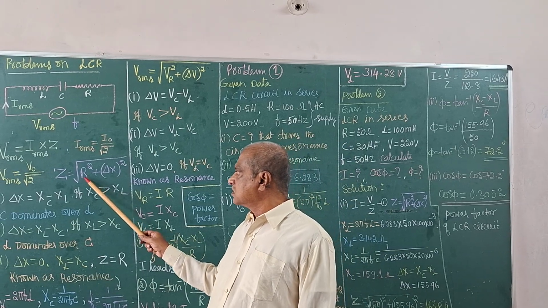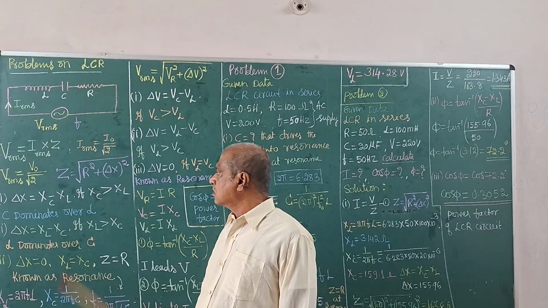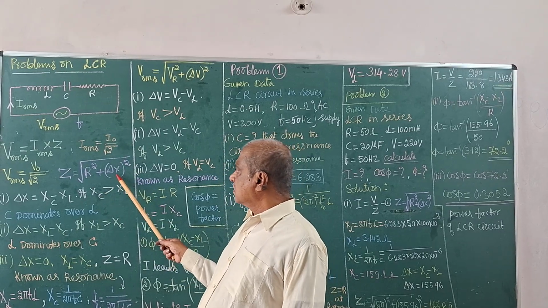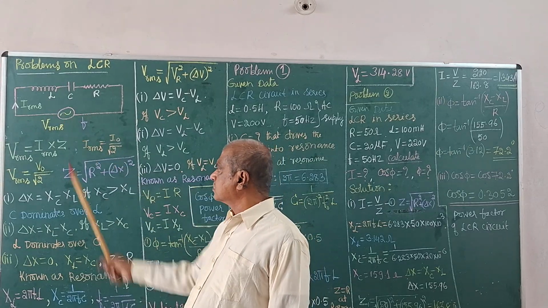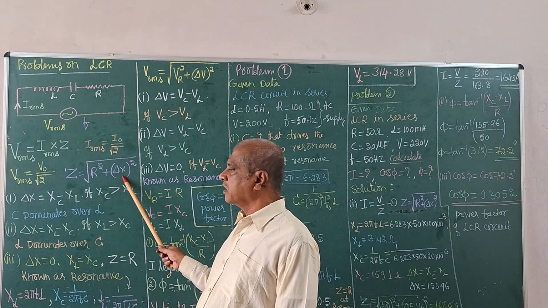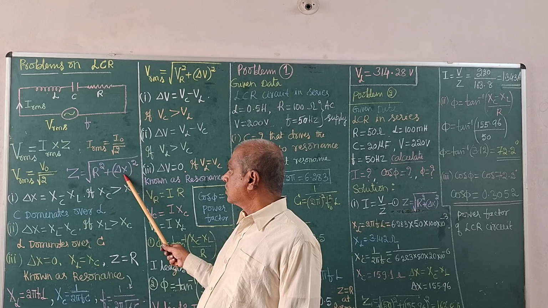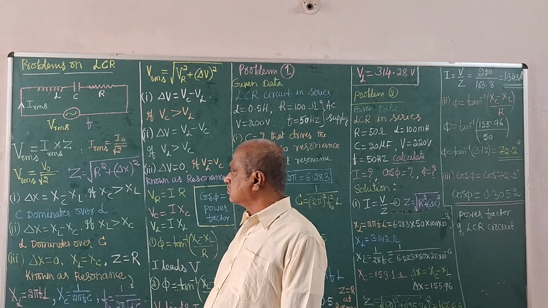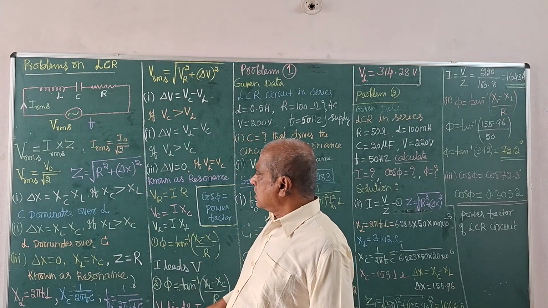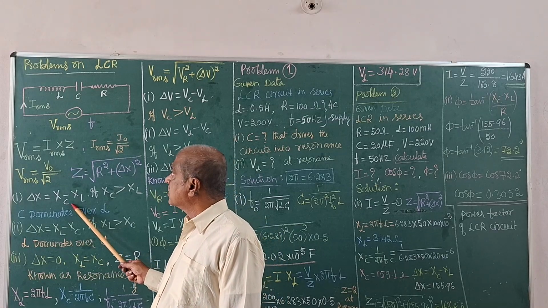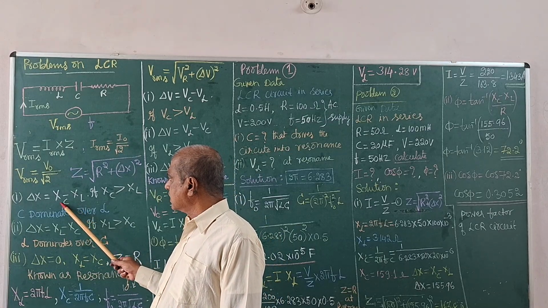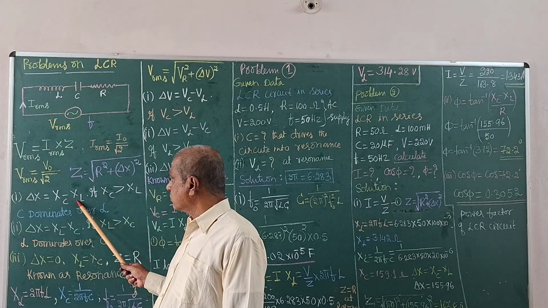That is the resistance of the resistor, and this is the difference between the resistances of these two components, also called reactances, delta X whole square. This delta X is the difference between XC and XL.